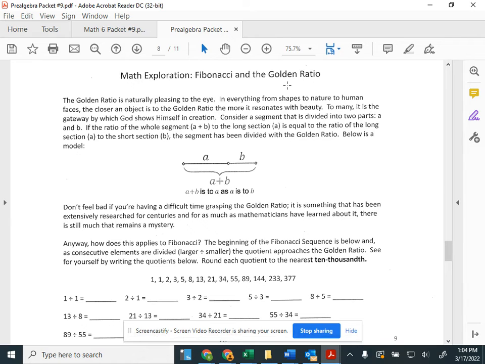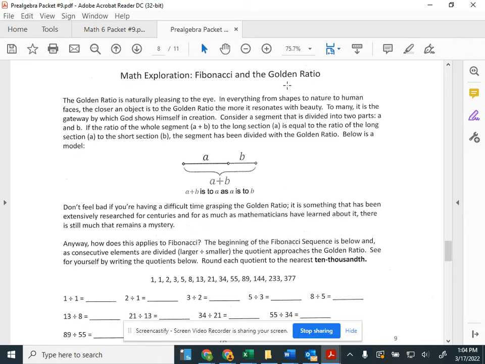It even says, don't feel bad if you're having a difficult time grasping the golden ratio. It has been extensively researched for centuries, and for as much as mathematicians have learned about it, there is still much that remains a mystery. So it's okay if we don't understand it right now. We're just having an introduction. We understand the term and that it deals with the Fibonacci numbers.